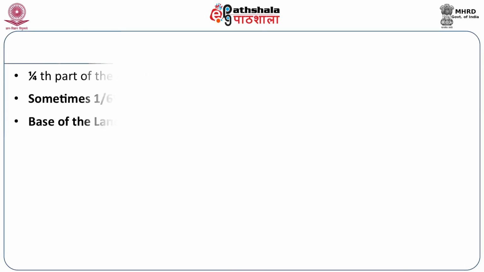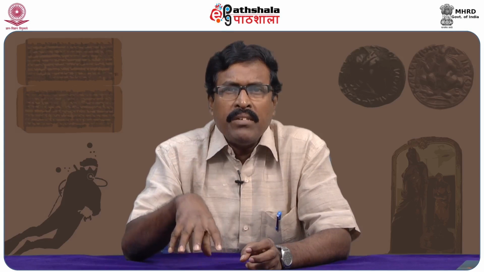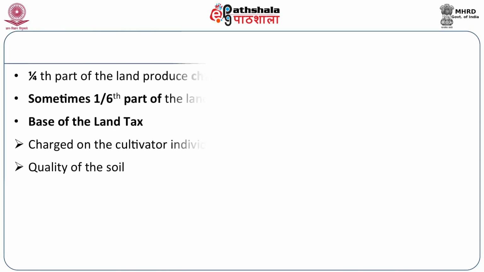Number 2, base of the land tax, whether land tax was charged on the cultivator individually, not taking into consideration the whole of village or whole of land, but the individual peasant was charged for paying land revenue to the king. Number 2, quality of the soil, that is how fertile that land was, whether mediocre or low quality or high quality.